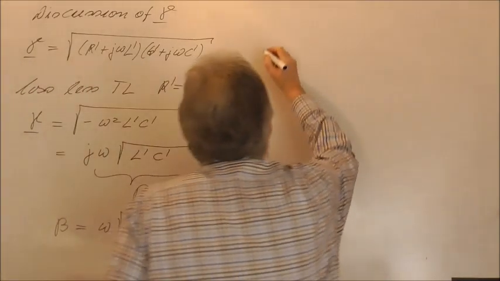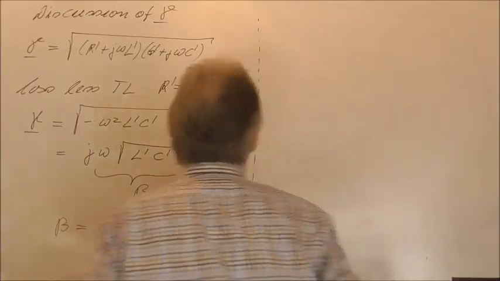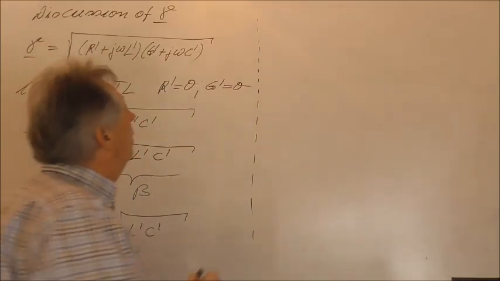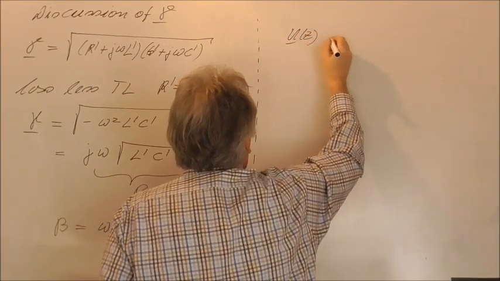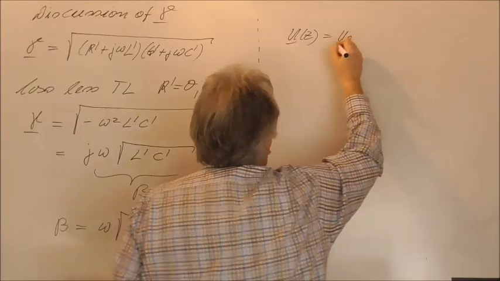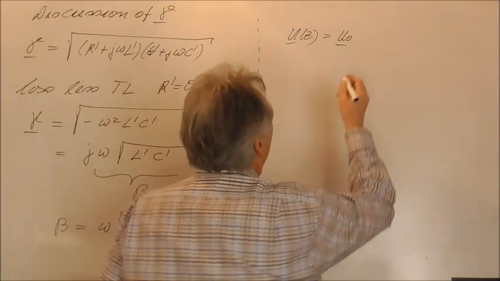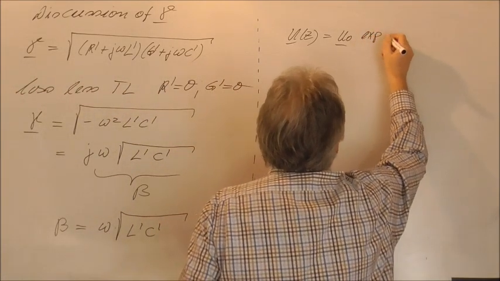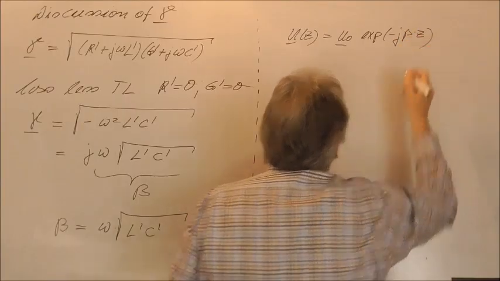So to discuss now the influence of beta on our solution, we must remember our solution was given by U of z, a complex valued constant times the exponential function of minus gamma z, but gamma is now replaced by j beta. So we have here the exponential function of minus j beta times z.